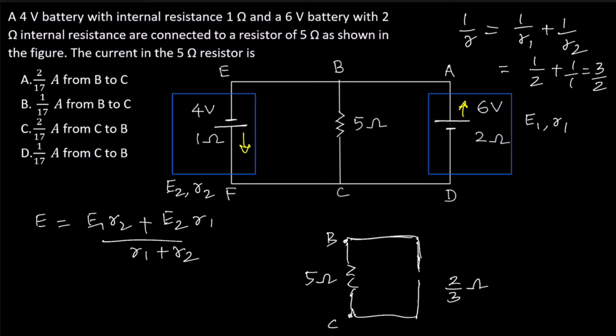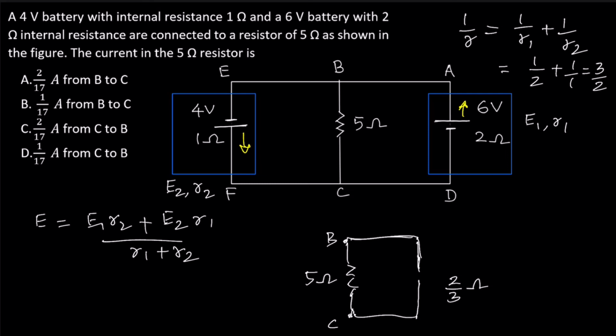So when you use the values in the formula to get the equivalent EMF, you cannot just use the numbers here. That will give you a wrong answer. What you should really do is pick one of them as a positive direction, and if the positive terminal is facing the other way, use the value with a minus sign.